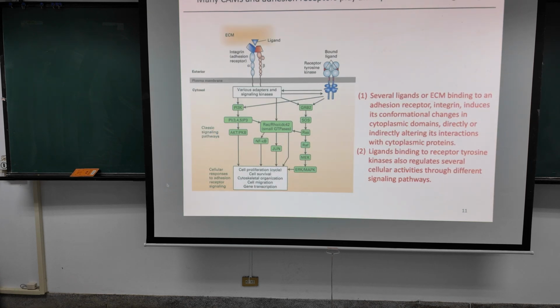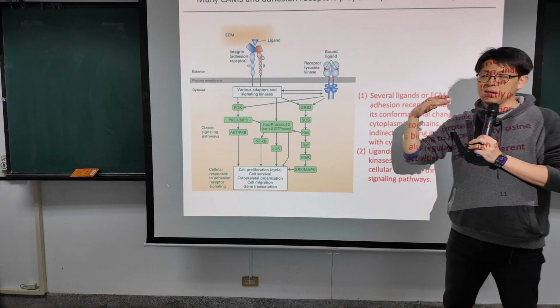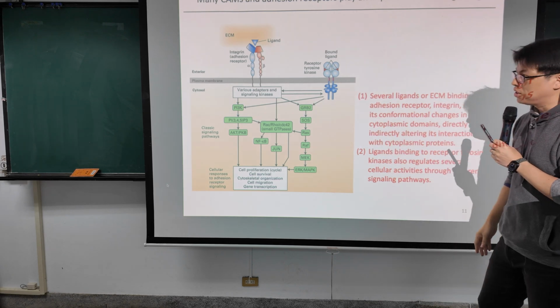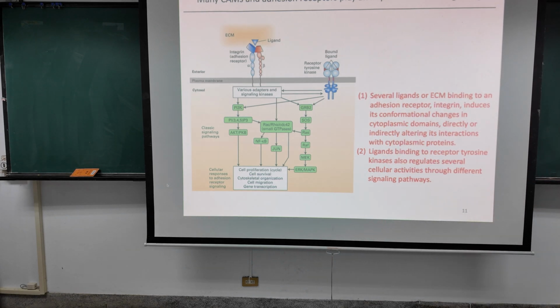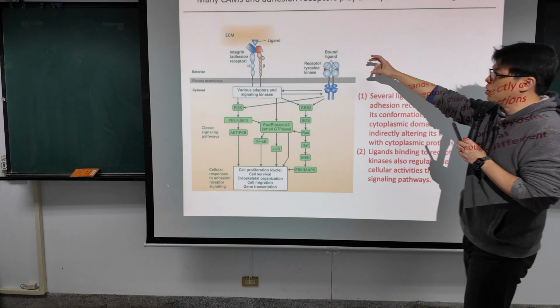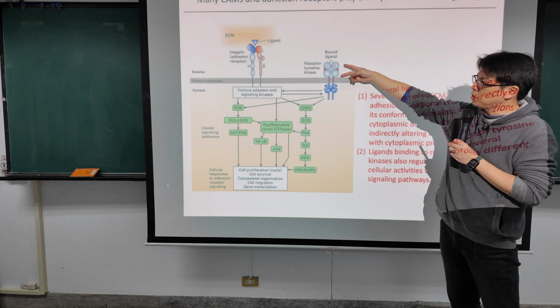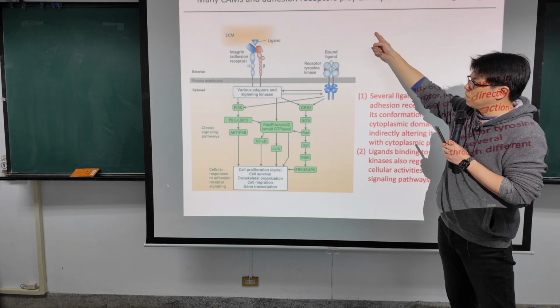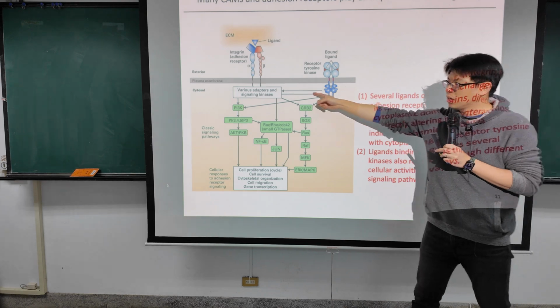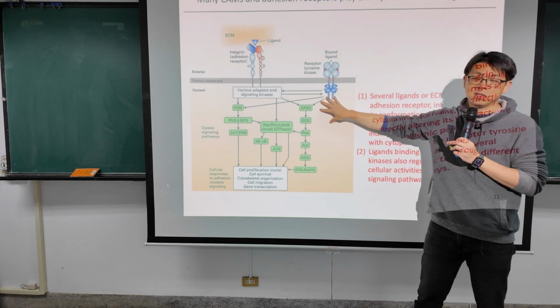And also, several receptors in the ECM interaction will share several signals, like what we learned from the chemical ligands. Okay. For example, we learned in receptor tyrosine kinase, there were several chemical ligands binding to these receptors and triggering downstream signals and regulating cell activity, right?